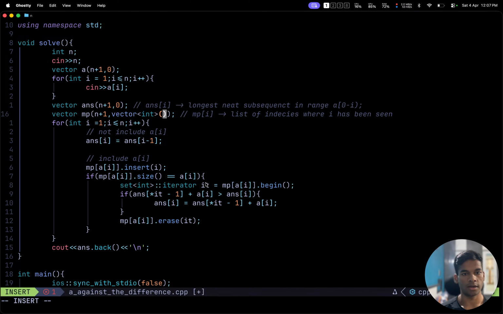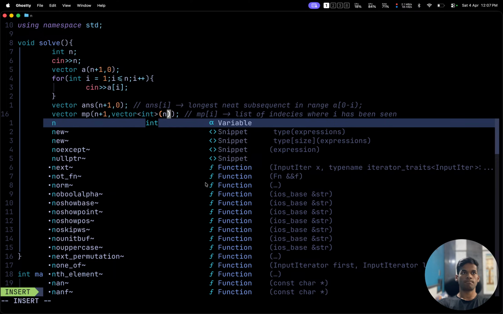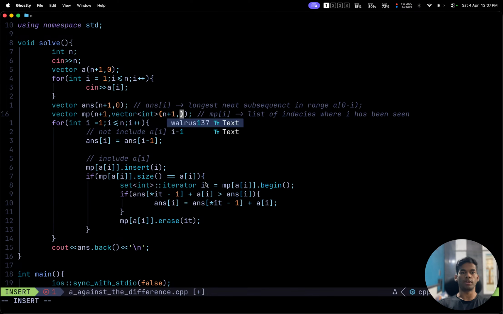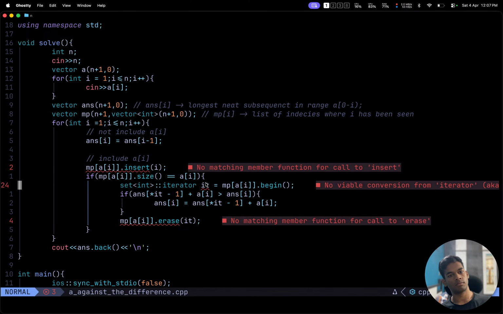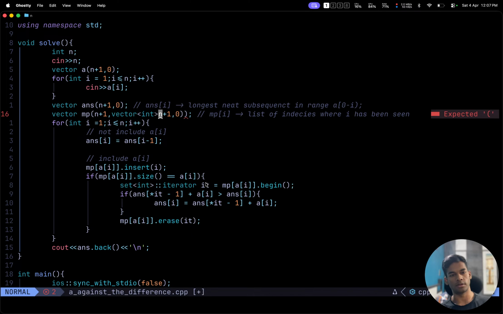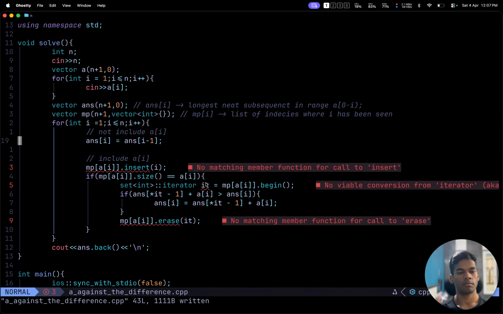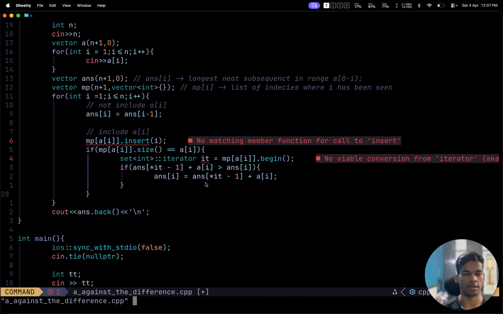We can predefine the size of this vector to be n plus 1, or we don't have to predefine the size of the vector. We just don't have to erase anything on this vector.